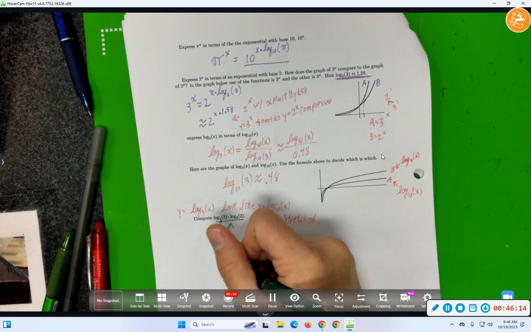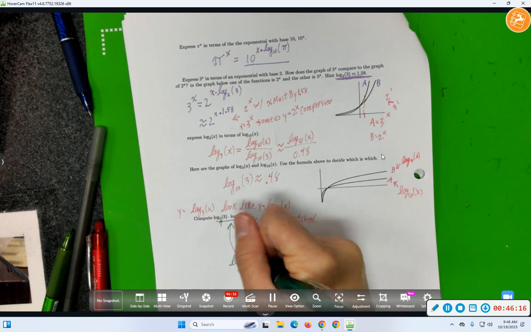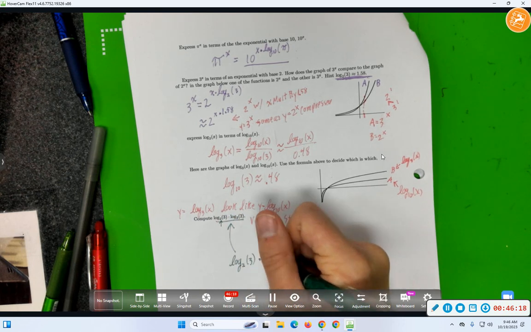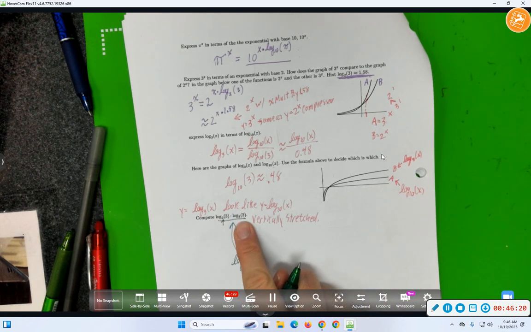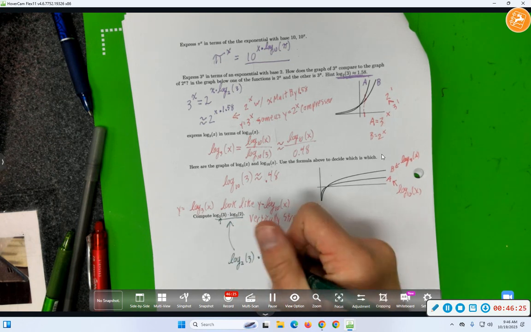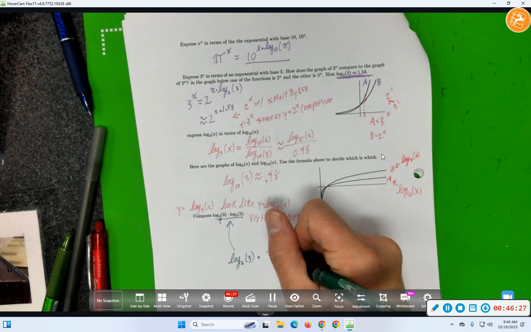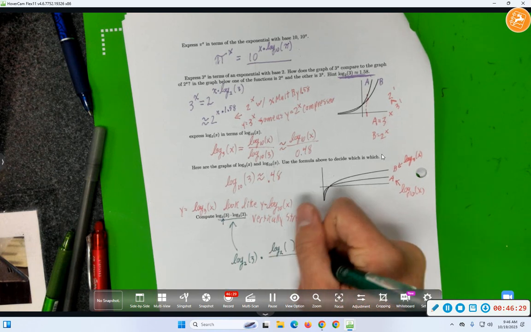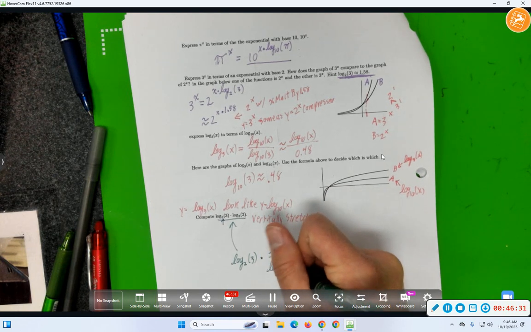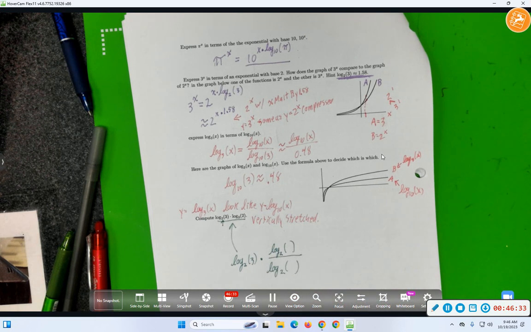That first piece is already in terms of log base 2. Log base 2 of 3 times, let's rewrite log base 3 of 2 in terms of log base 2. So the new base is 2. So it'll be log base 2 of something divided by log base 2 of something.